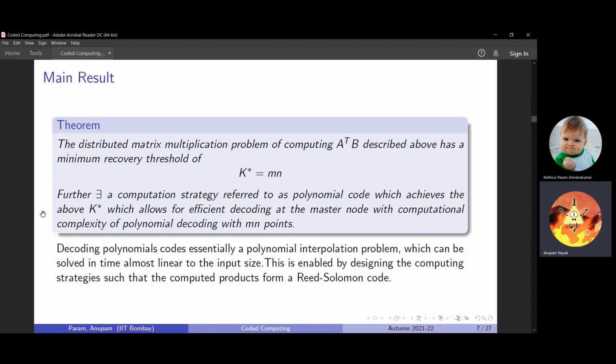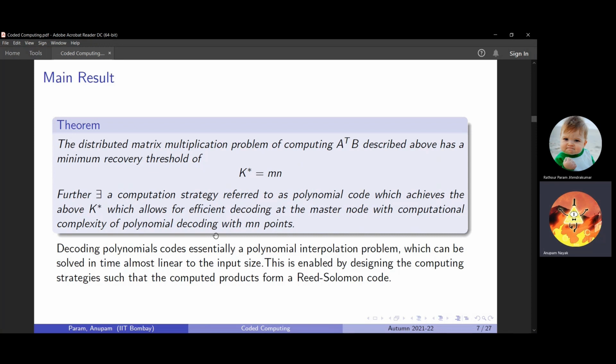Further, there is a computation strategy referred to as polynomial code which achieves this threshold. We also show that there is an efficient decoding algorithm that can help us find this using polynomial interpolation.